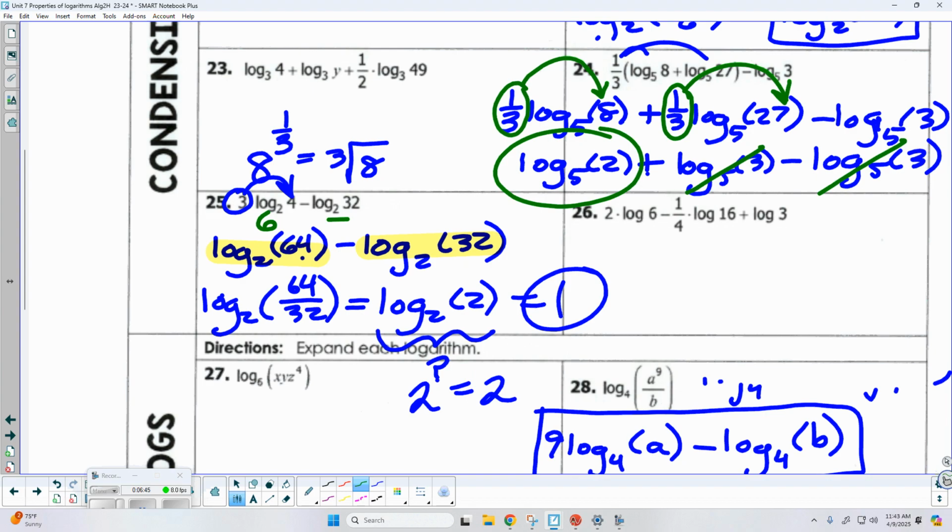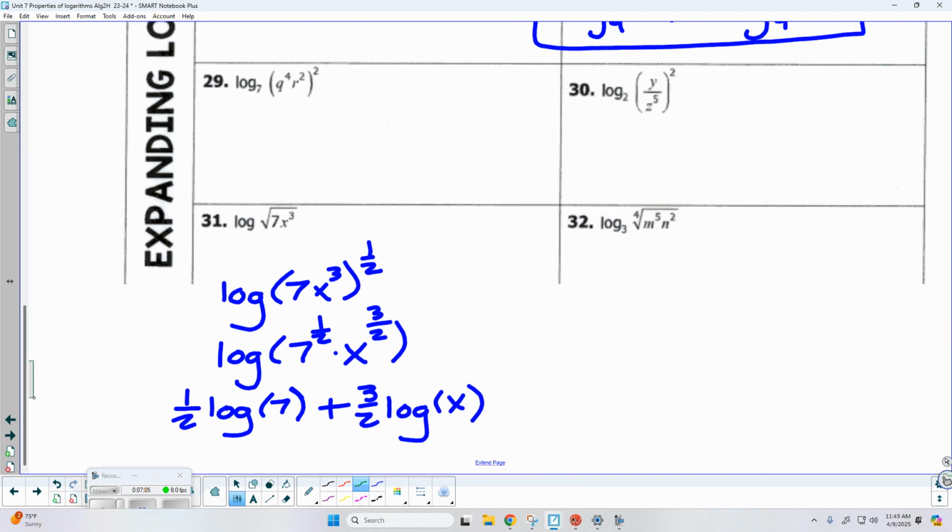Log base 2 of 32, 2 to what power would give me 32? 5. And what's 6 minus 5? Did anybody notice that we could have done that as well? Okay. So there are different ways to go ahead and work these problems. Okay. Nice, nice, nice. Now we'll move on down here.